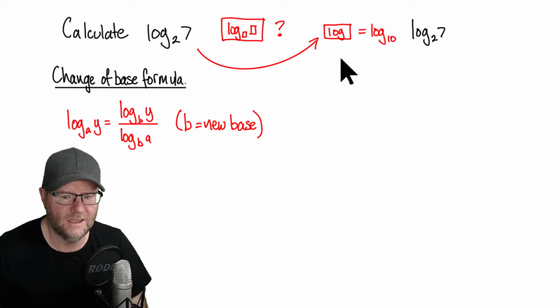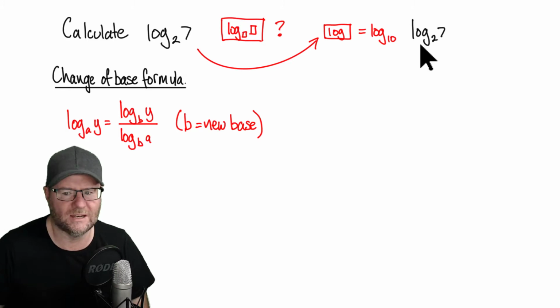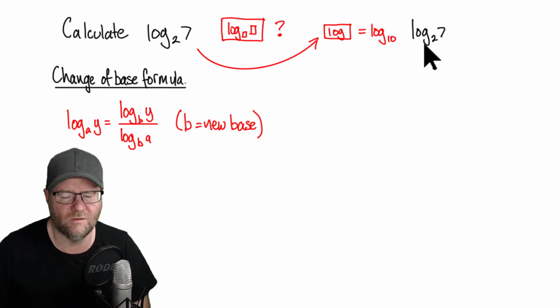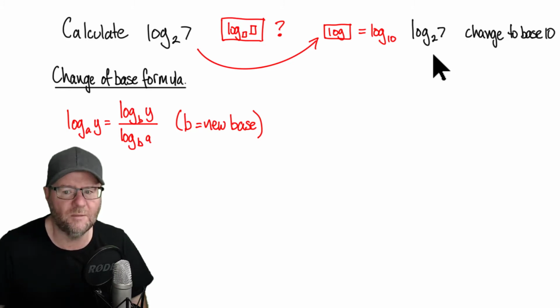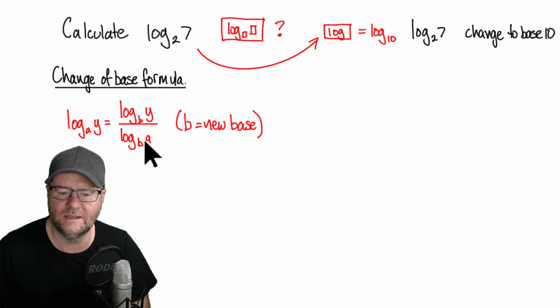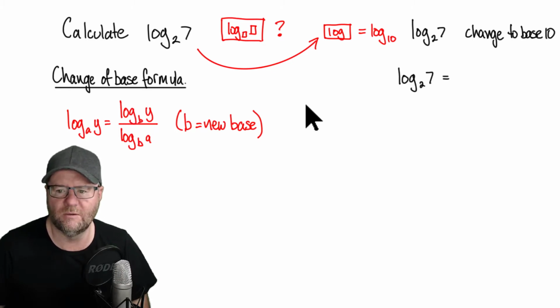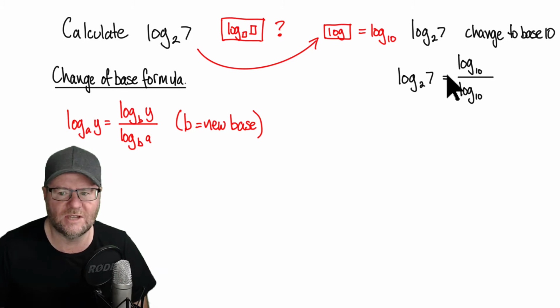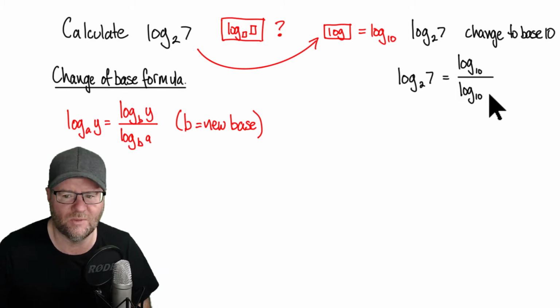So let's have a look at this example. Here's what I started with, log to the base 2 of 7. I'm going to use my change of base formula to change that base to 10. So according to this, wherever it says log b here on the top and bottom, I'm going to rewrite it with that fraction. I'm going to start with my new base on the top and bottom.